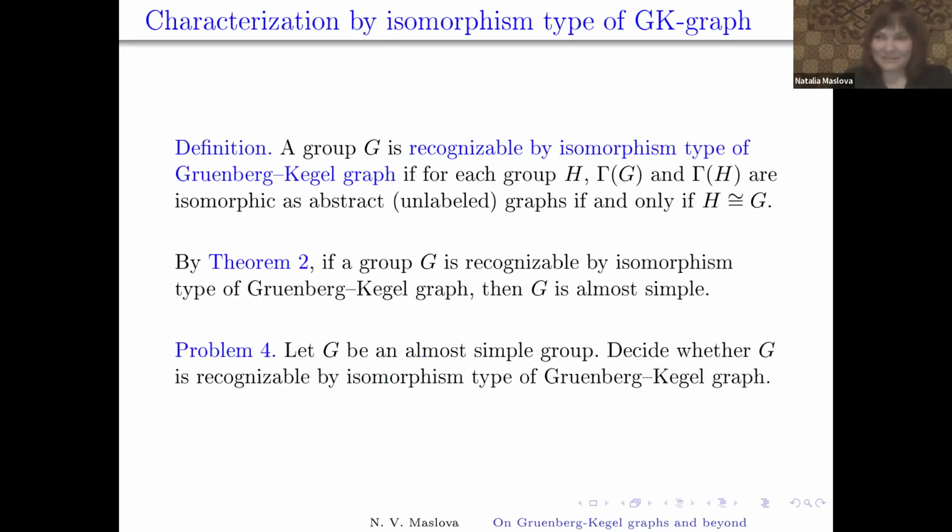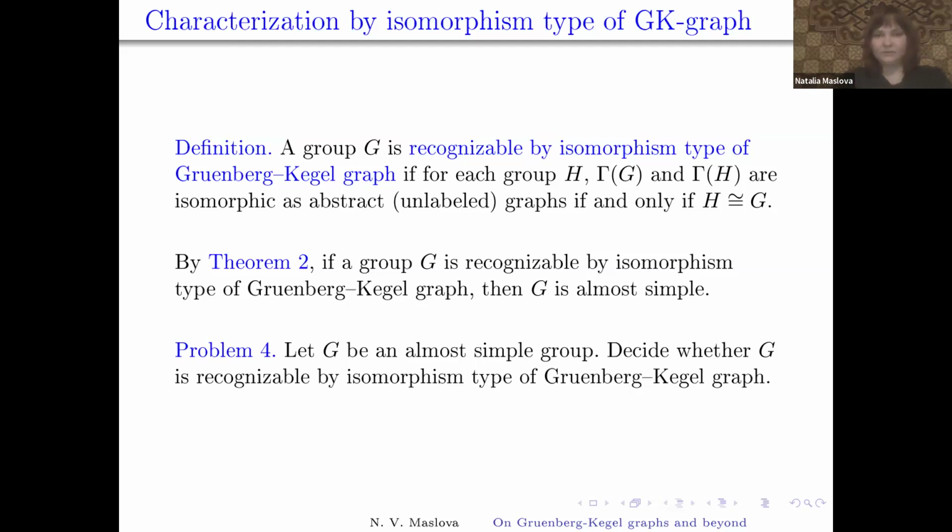And about recognition by isomorphism type of the Gruenberg-Kegel graph. Of course, until now we looked at a group and its Gruenberg-Kegel graph as a labeled graph. And now let us imagine that we have deleted all the labels.